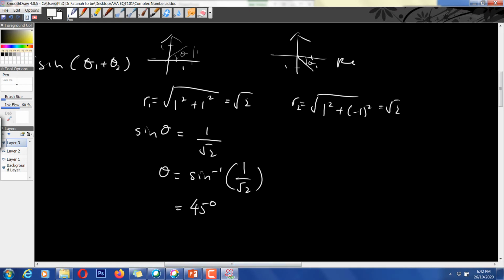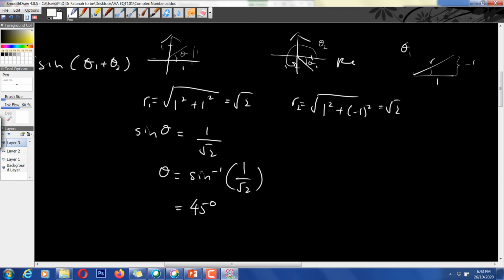So here we should find this theta, but that is for theta 1. For theta 2, we can transform like this: we have negative 1 here and then 1 here.